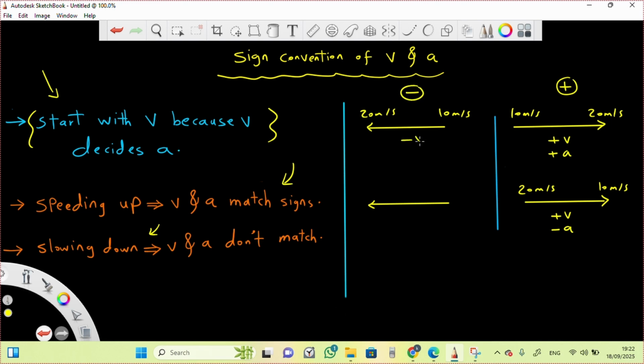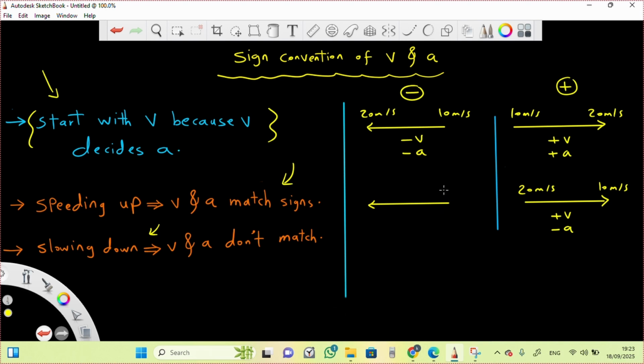Therefore, velocity here is negative because we are moving to the left. We have to ask ourselves the usual question: are we speeding up or slowing down? Now we are speeding up but to the left. Therefore, acceleration is going to take the same sign of velocity no matter what the sign of the velocity is. If it's negative, acceleration is going to take it because we're just speeding up.